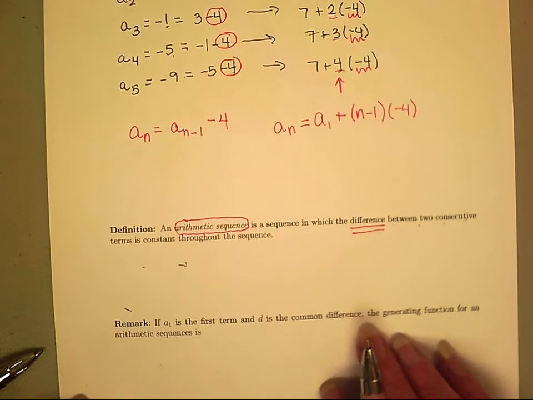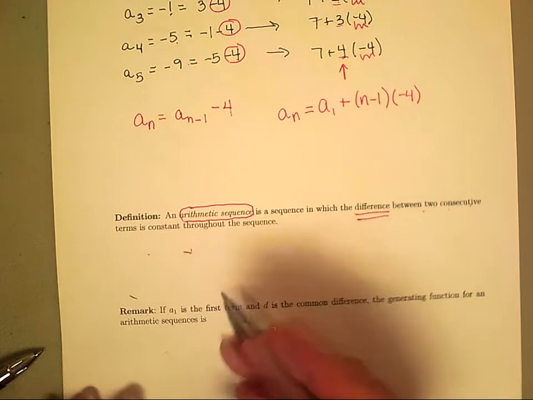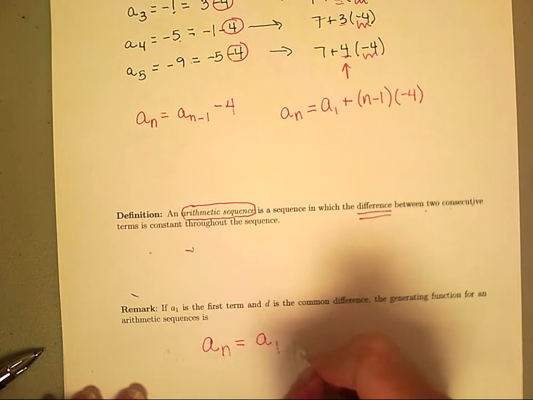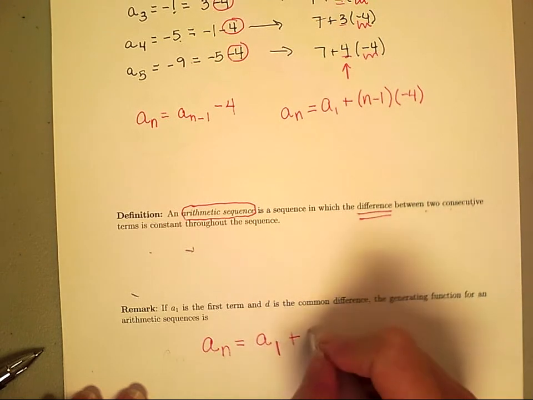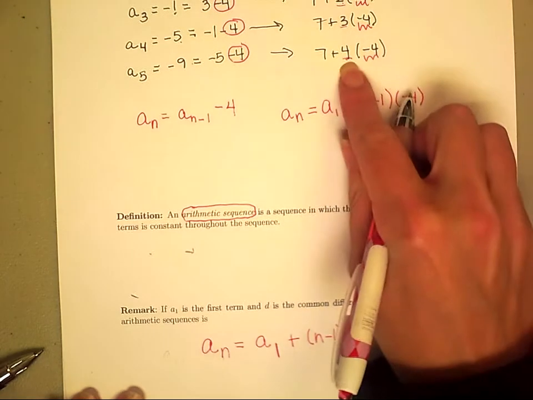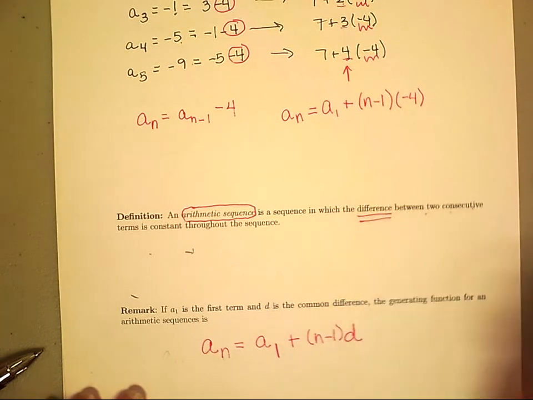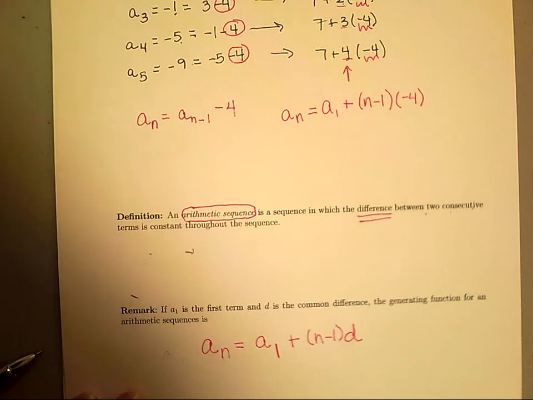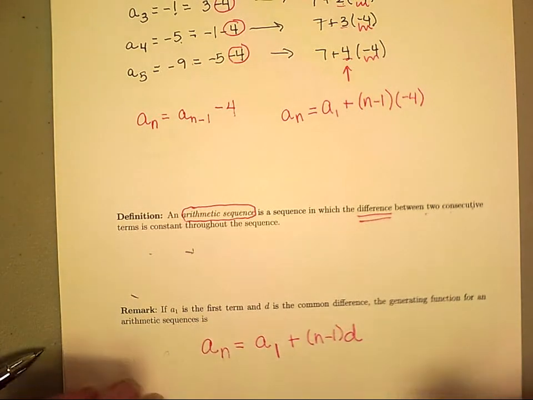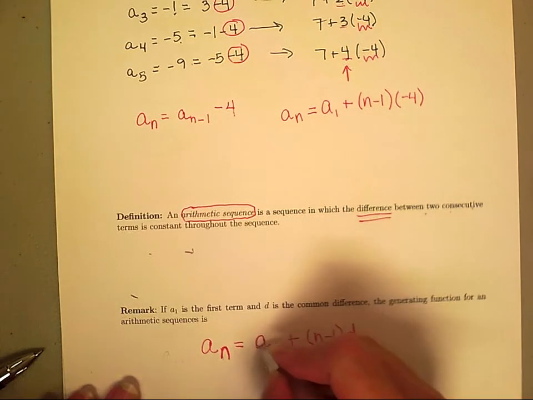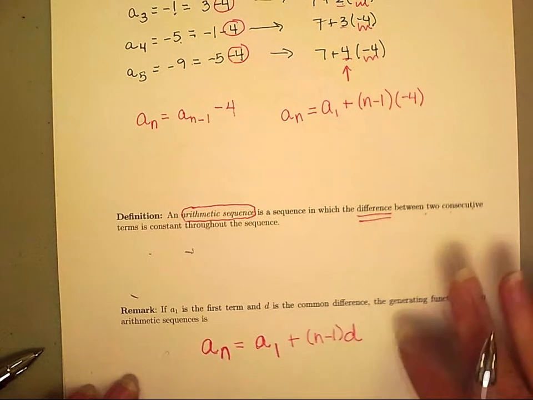So anytime we want to generate an arithmetic sequence, the nth term will be equal to the first term plus n minus 1 times that common difference, which we'll call d. Knowing this, we're going to be able to generate many different arithmetic sequences.